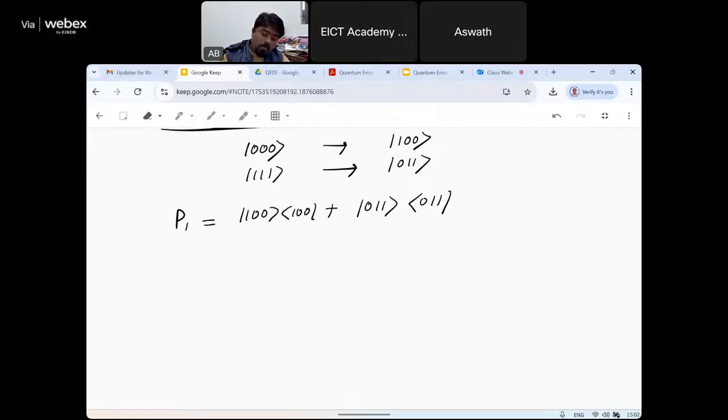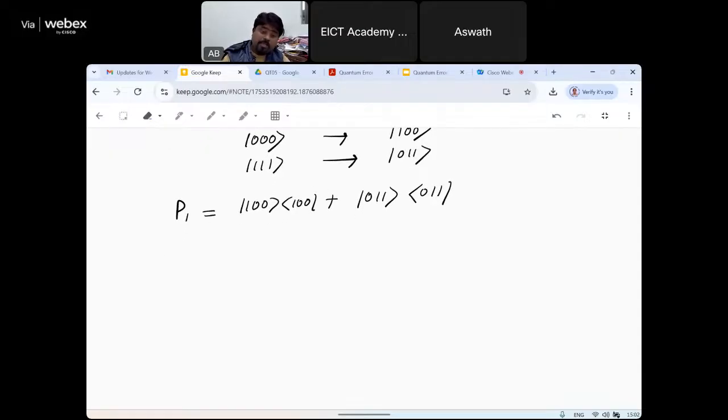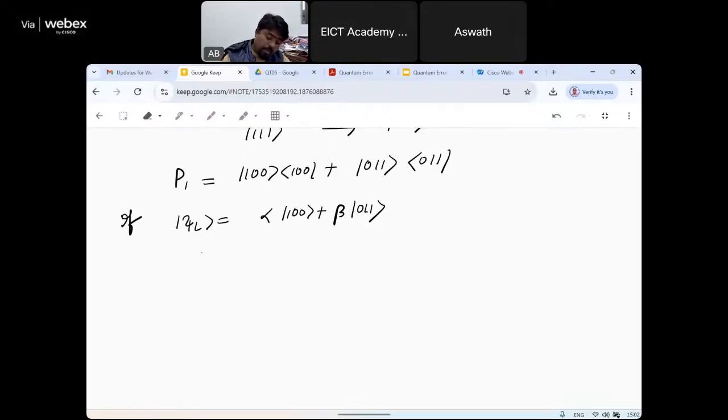Now let's say by any means, my quantum state psi L is such that the first qubit got flipped. If the first qubit got flipped, now you take an inner product, the action of P1 on psi L, on the left and right.